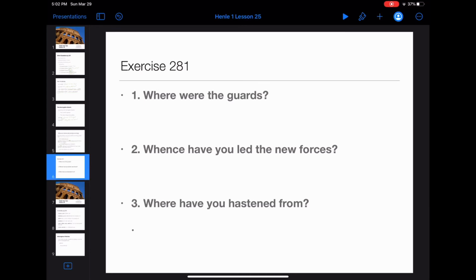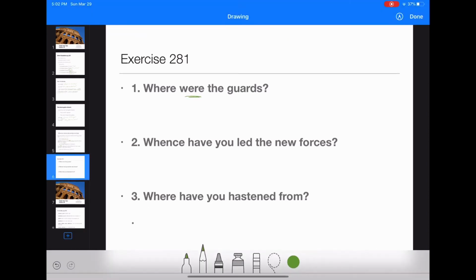Okay, now we have 3 example sentences. Where were the guards? You notice that these guards just are. They are not moving in any way. So as we write this into Latin, we're going to think of it as a regular sentence. So instead of a question, the guards were where? This is what we're going to think about it as.